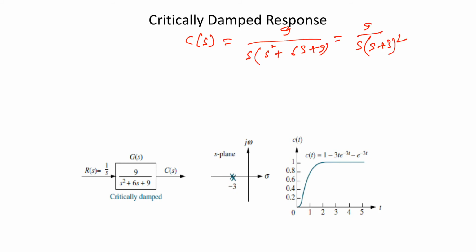So it has one pole at the origin, from the unit step input, and two multiple real poles that come from the system.